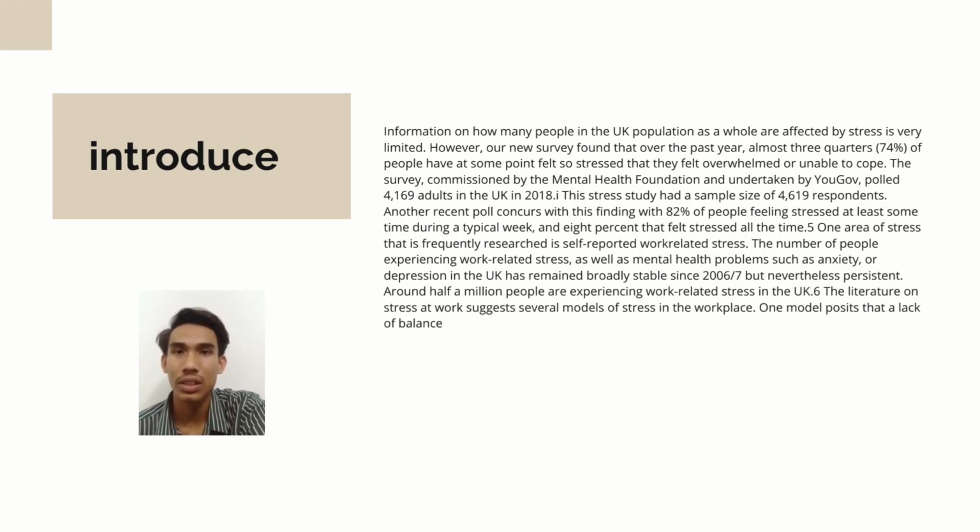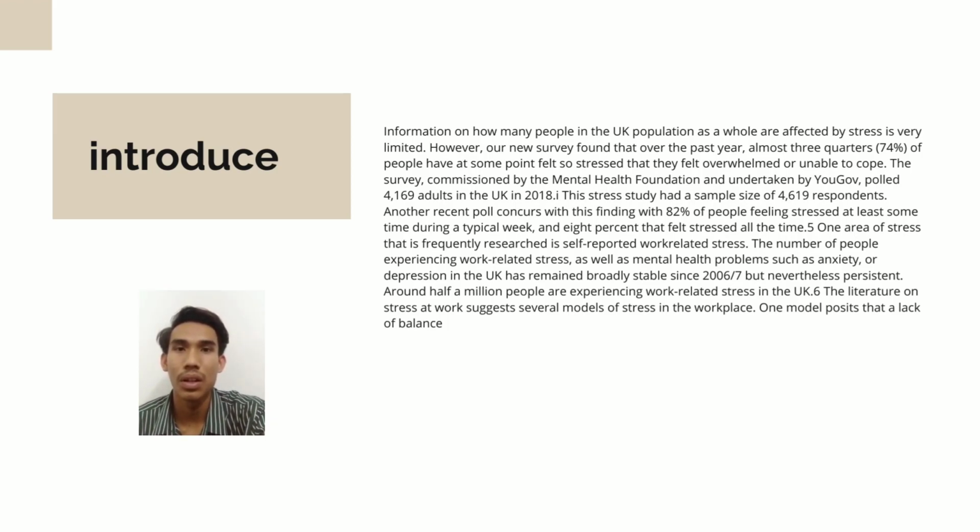One area of stress that is frequently researched is self-reported work-related stress. The number of people experiencing work-related stress, as well as mental health problems such as anxiety and depression in the UK, has remained broadly stable since 2006 and 2007, but nevertheless persistent.